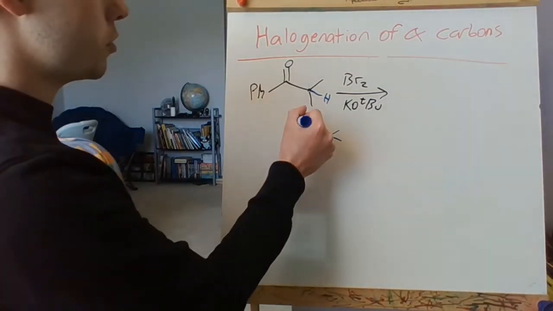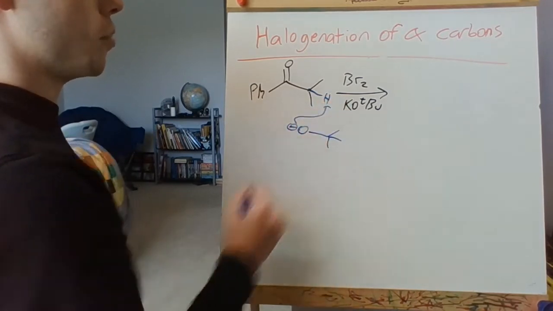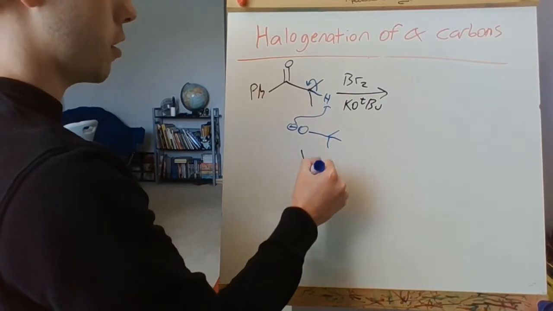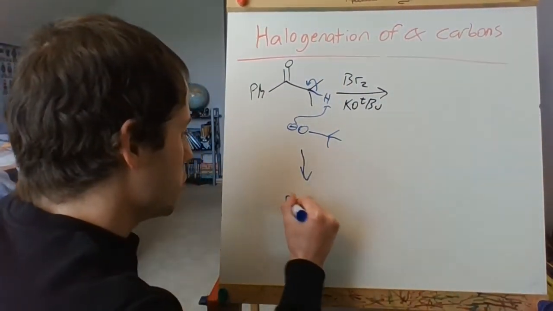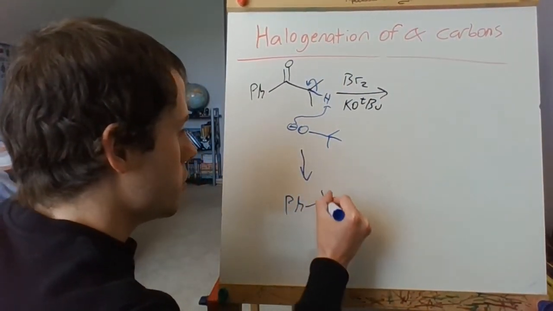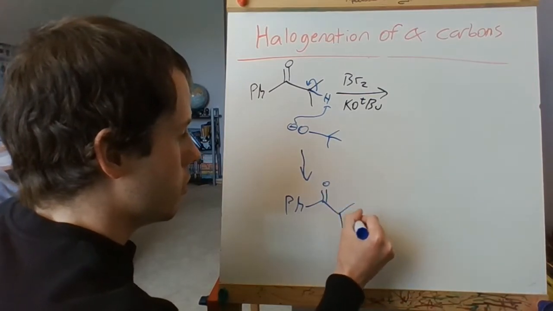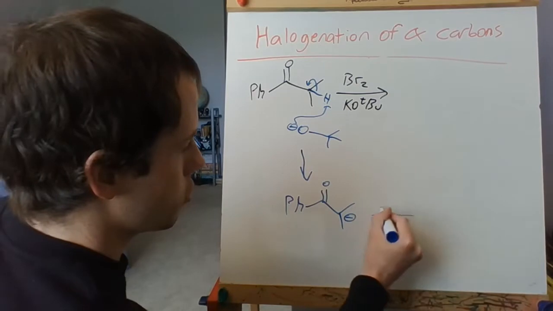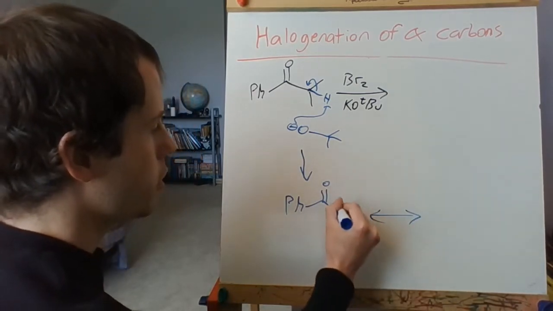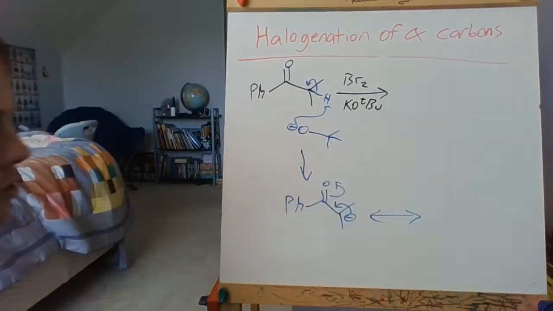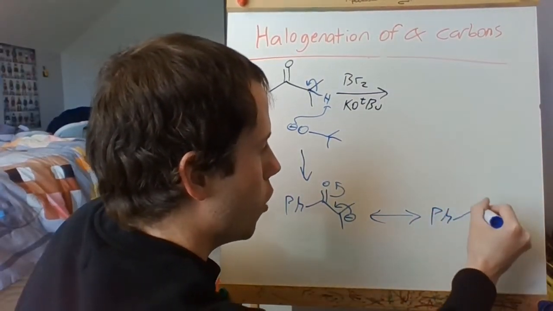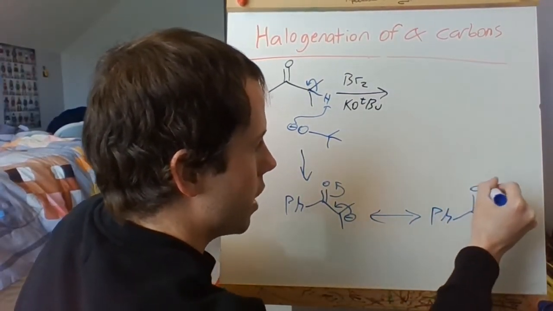And this is going to, like I just said, do a proton transfer initially, giving us our carbanion, which we draw out like this. And then remember that this has a resonance structure, so we want to draw that out.